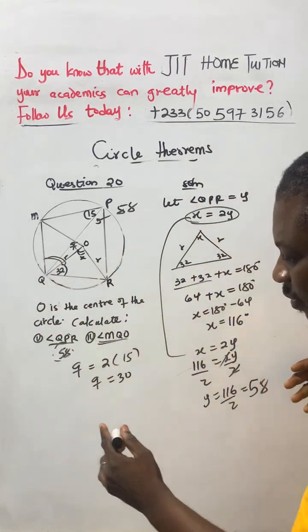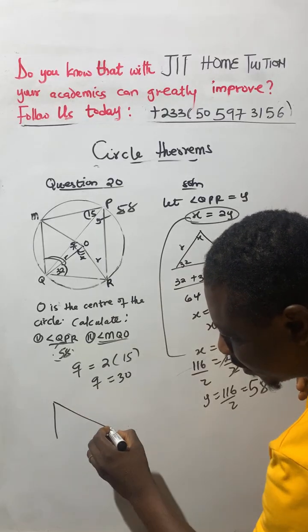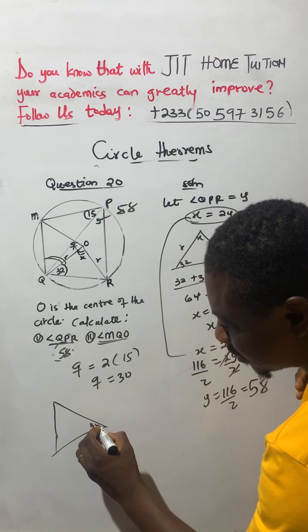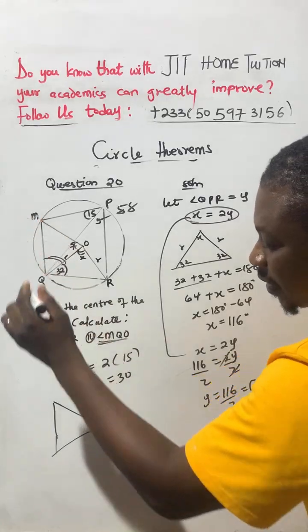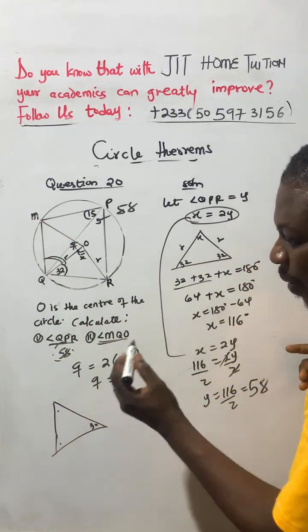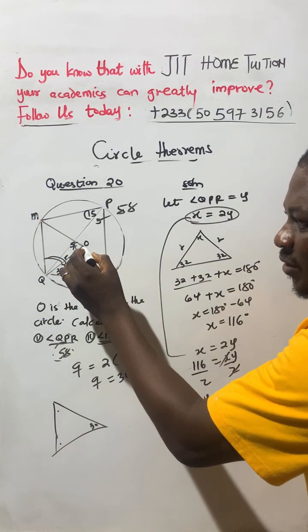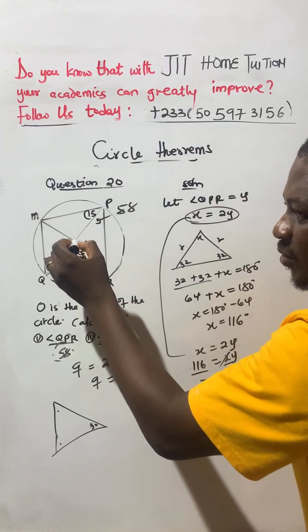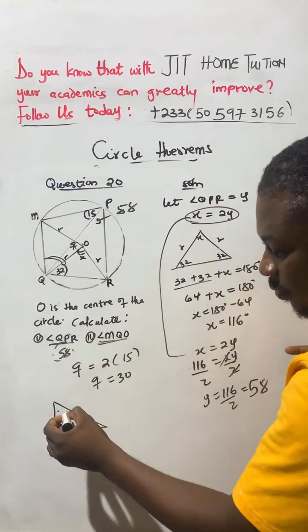Now, having gotten it, let's look at the diagram over here. This angle is now 30. This side and this side too, we don't know, but we know they go from the center to the circumference, so they are radii.